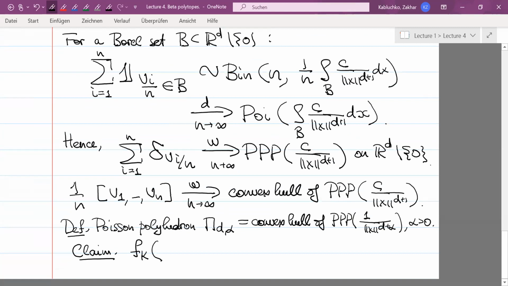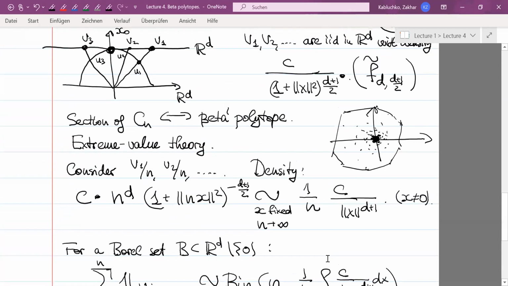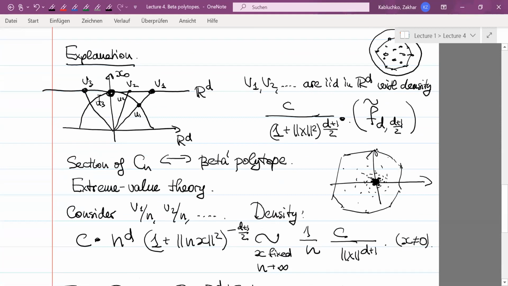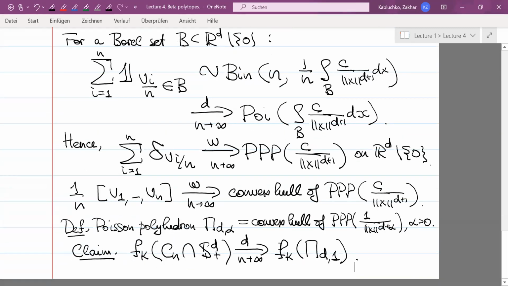But assume it works, then the number of k-dimensional faces of the spherical polytope C_n intersected with the sphere converges in distribution as n to infinity to the number of k-dimensional faces of the Poisson polytope. And so we identified this random cone in a half space. We identified its section with the beta prime polytope, and then we have shown that there is a limit as n goes to infinity in some sense, which is given by a Poisson process.